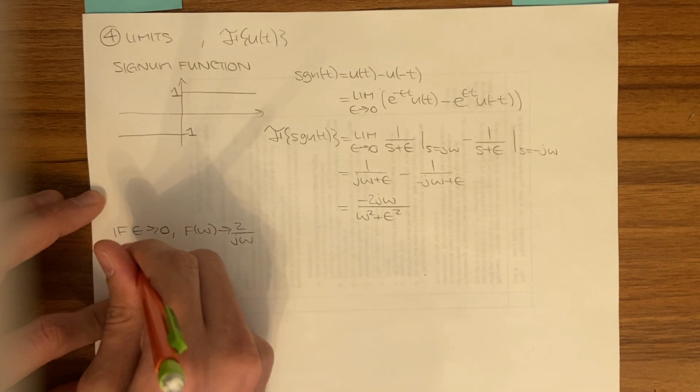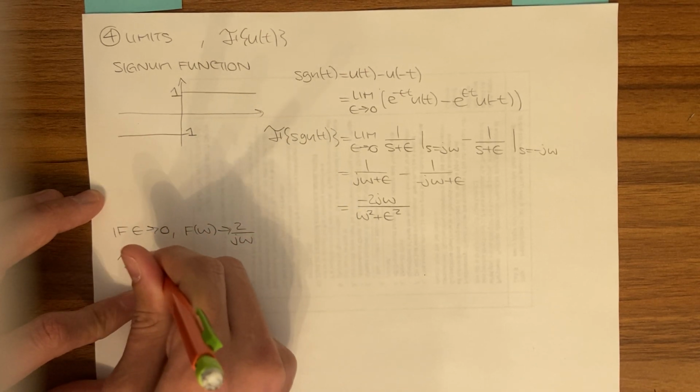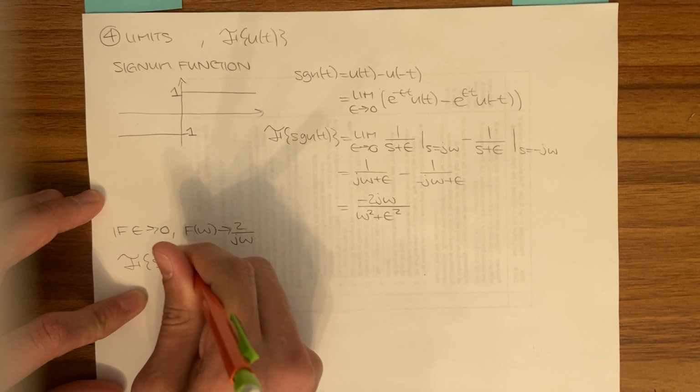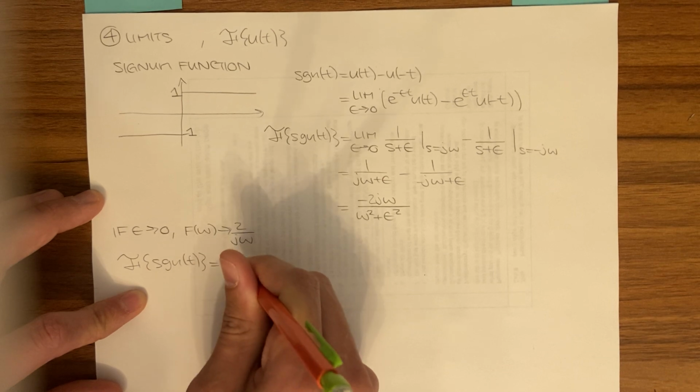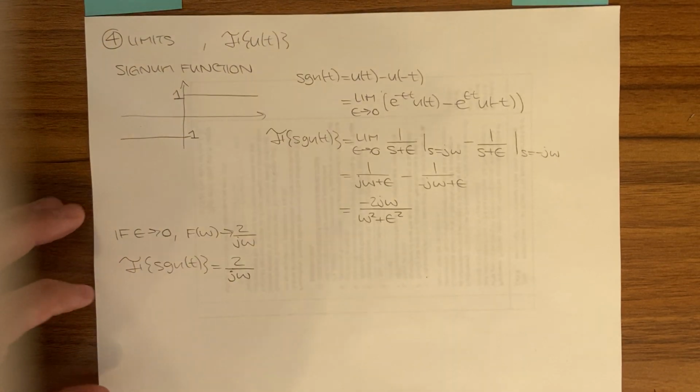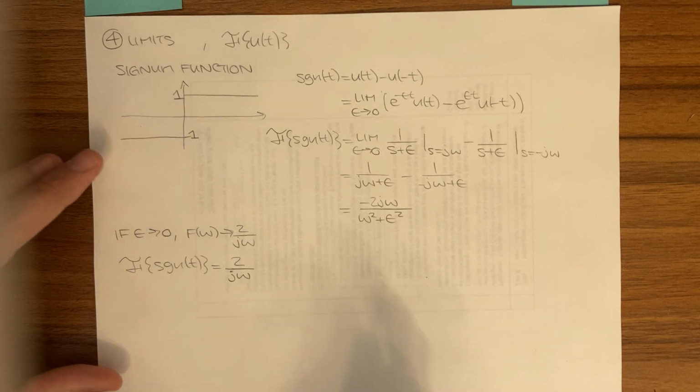So when it's all said and done, the Fourier transform of a signum function is just going to be 2 over j omega. Now we're going to use the signum function to define our step function.